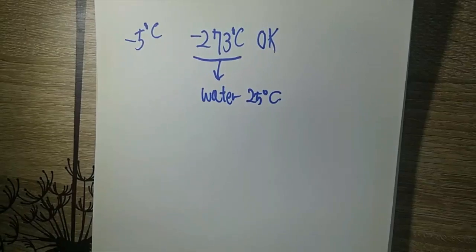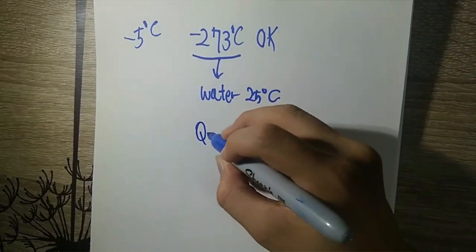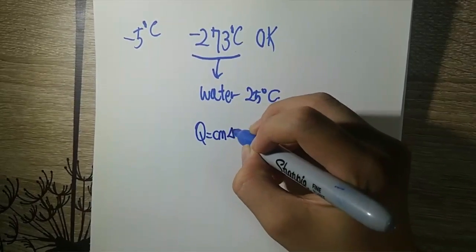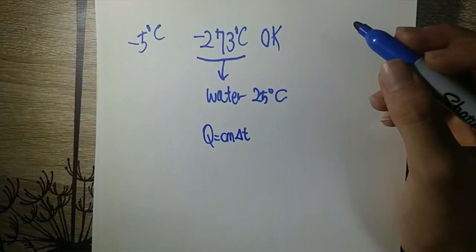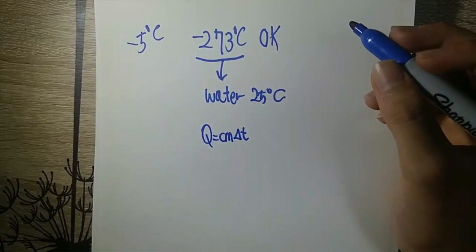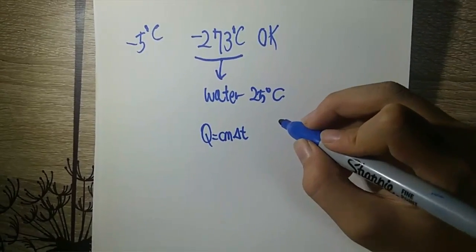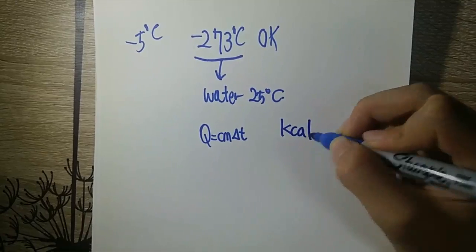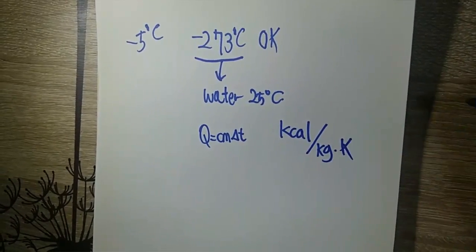So let's do it. First of all, we will use the equation Q equals Cm delta T. Q is the amount of calories you need, and C is the specific heat. In ice, this is 0.5 kilocalories per kilogram times Kelvin, which is both written and spoken, the hardest thing you can ever imagine.